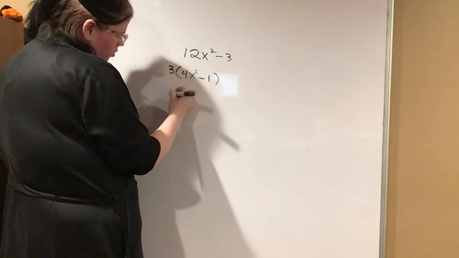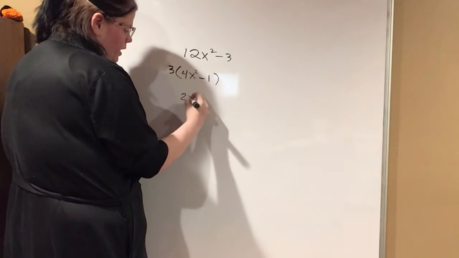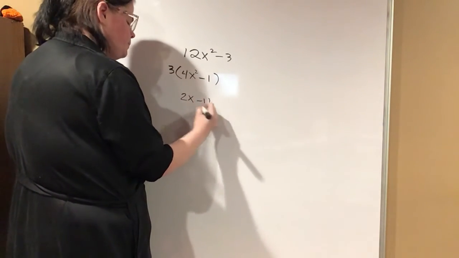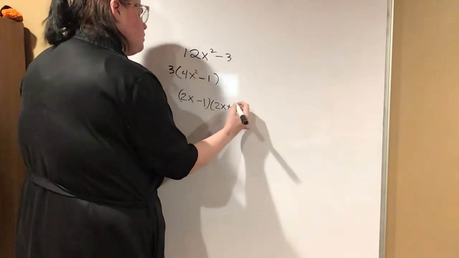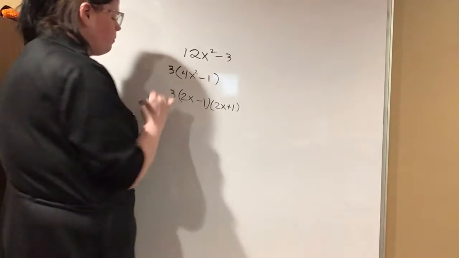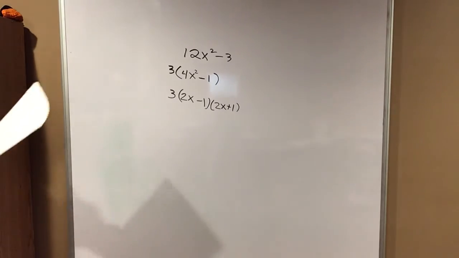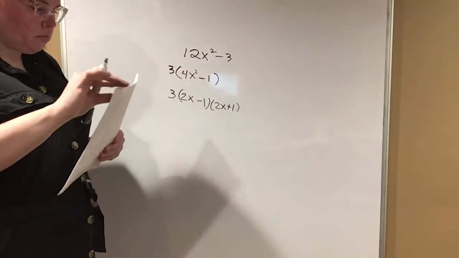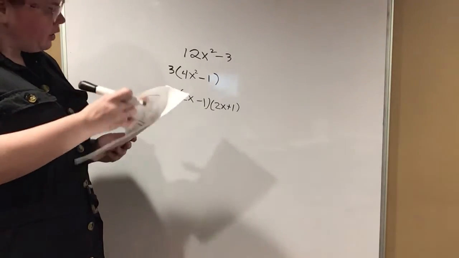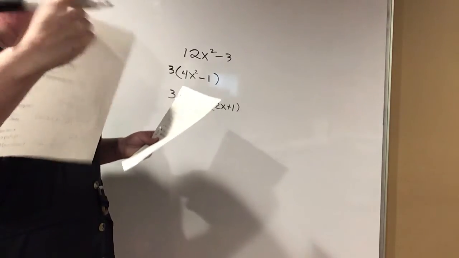So now, this is a perfect square, and it's 2x minus 1 and 2x plus 1, with a 3 out front. So, make it a difference of squares. Cool.